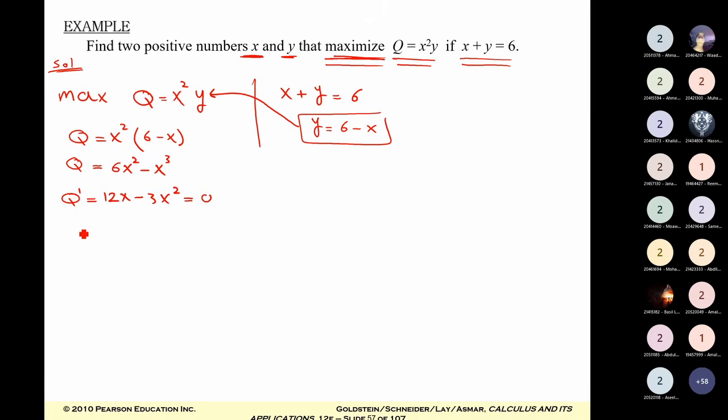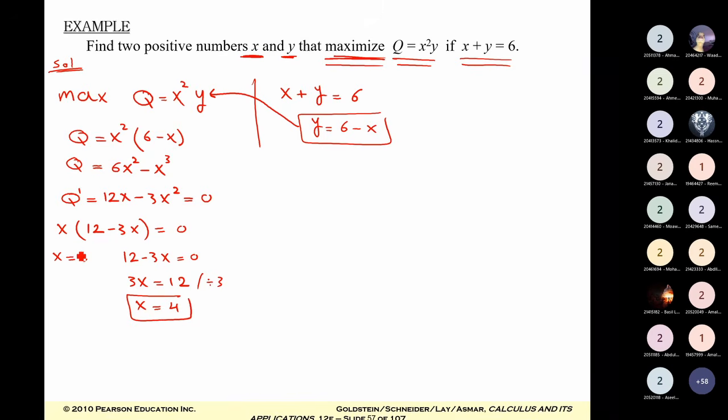Take x as common factor, so we have 12 minus 3x equals 0. So we have x equals 0, or 12 minus 3x equals 0. So we can conclude 3x equal 12, divide by 3. Okay, we can conclude x equal 4.